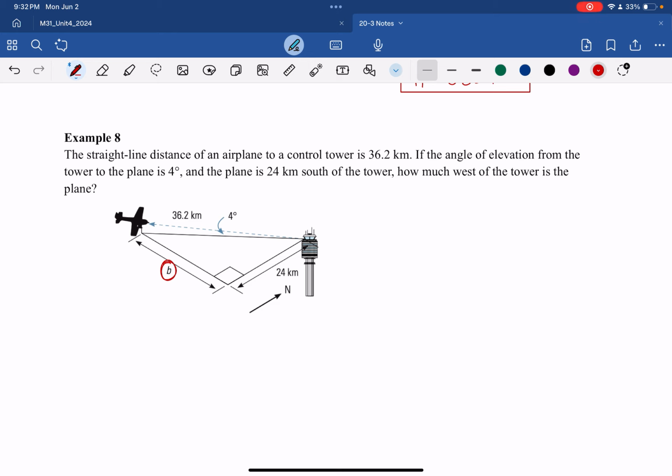So I'm going to have to figure something else out, which is likely going to be this distance here, okay? So I'm going to use this angle of elevation of 4, okay? And I know that in this triangle, and it's kind of hard to see here, because it's very small. I'll redraw that. Okay, maybe we won't draw.